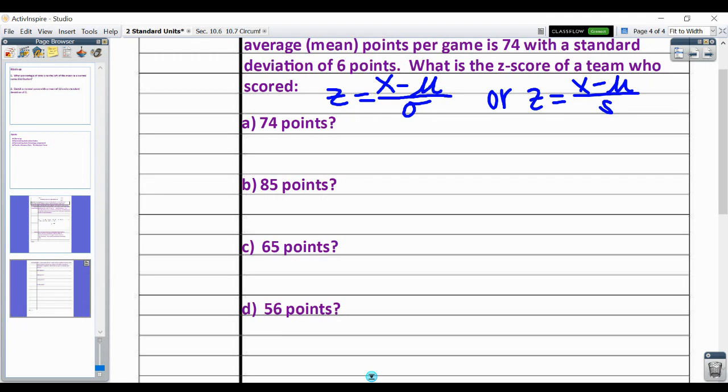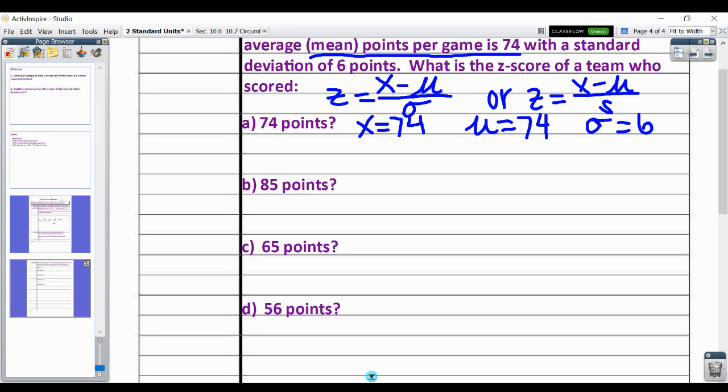So what's the z-score of a team who scored 74 points? 74 points represents your x value. That's your data point that you're observing. Mu is the mean, and it told us in the question above, the mean points per game is 74. And then the standard deviation is 6.